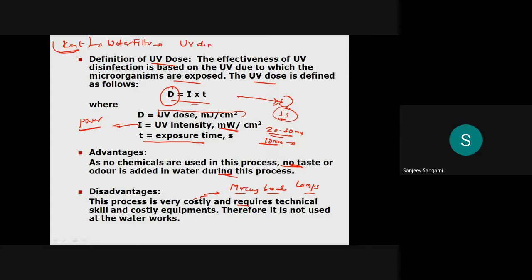Inside, UV rays are generated and the water is circulated through them. Once it is circulated through this environment, if any pathogens are present in the water, they are going to be killed.